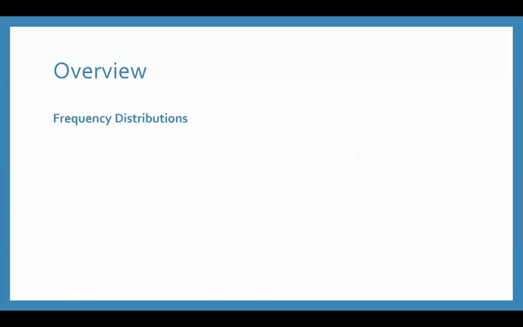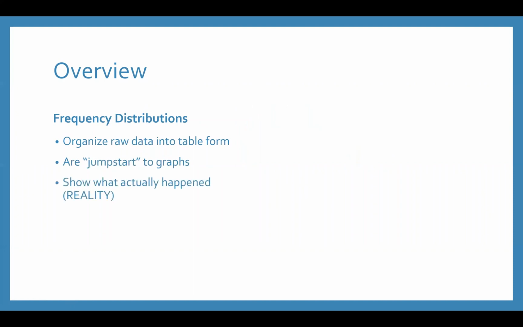Earlier, not necessarily in this course, but in Stat 1401, we often talk about how to take data and organize it into a table form. And that table form in statistics is called a frequency distribution. And we have talked about how we can organize data into tables. But those tables or frequency distributions become kind of a jump start to the graphs and things that we create.